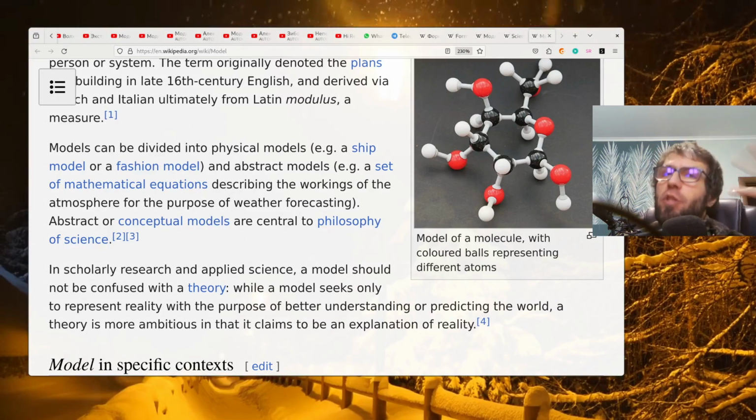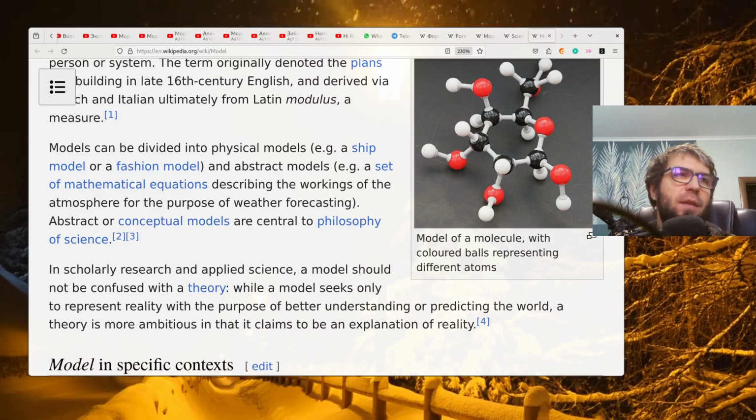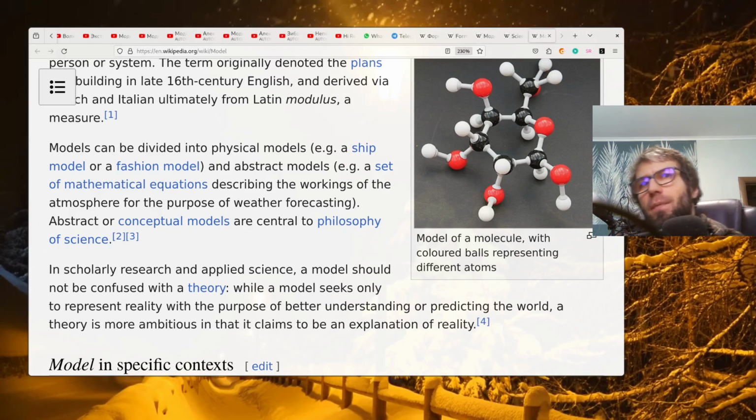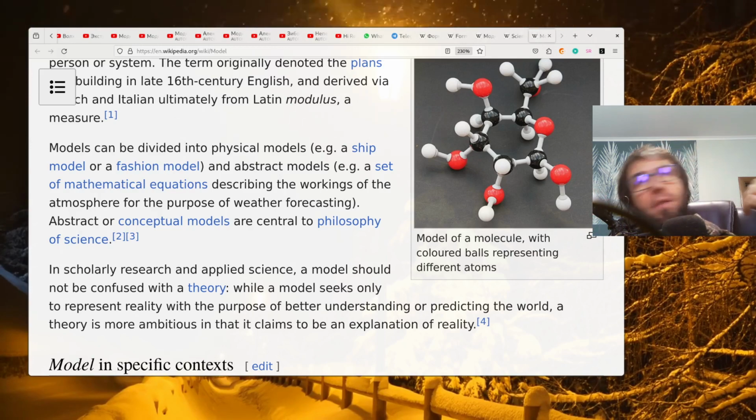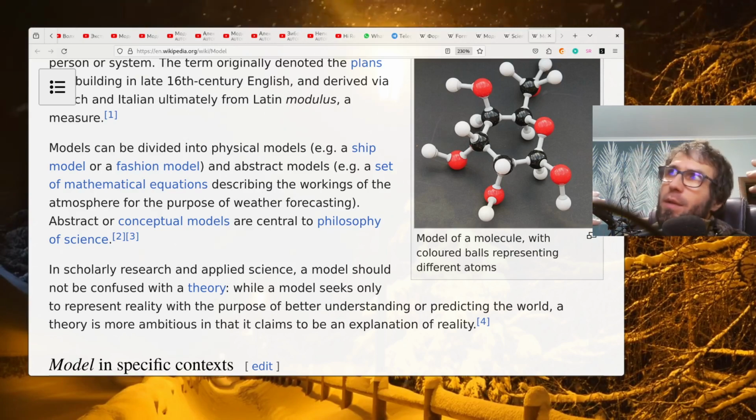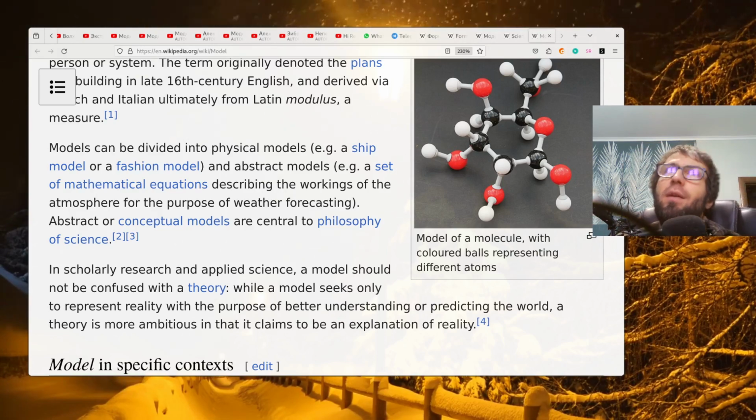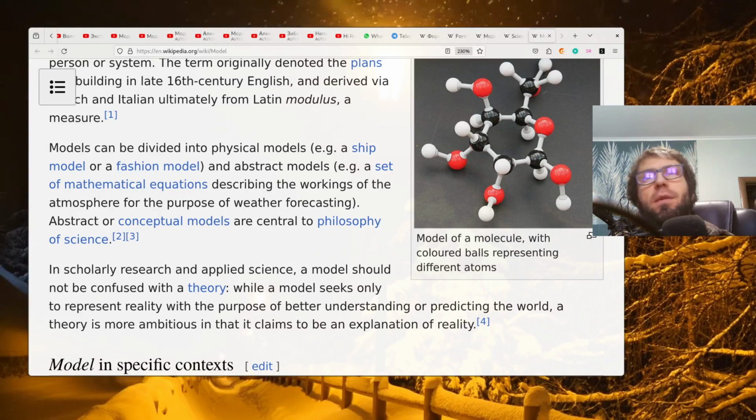So the model just shows you this part of reality as it is, okay? And the theory answers why these parts of reality have, for example, such a structure, why they have this behavior, and so on.